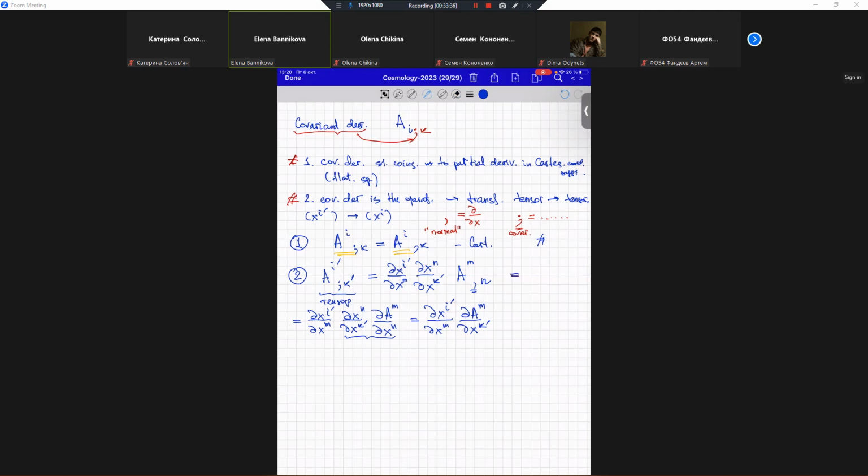Okay, but it's not all. We need to write everything in this part in prime coordinates, and let's consider something that will help us to see something.